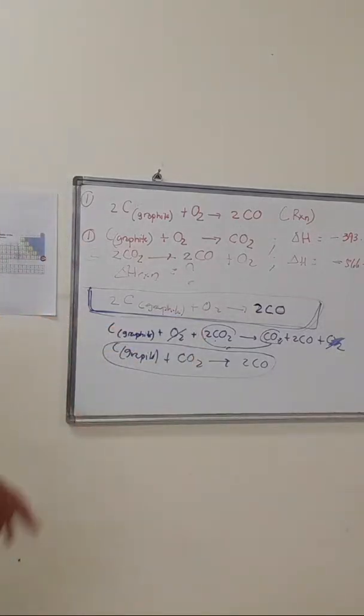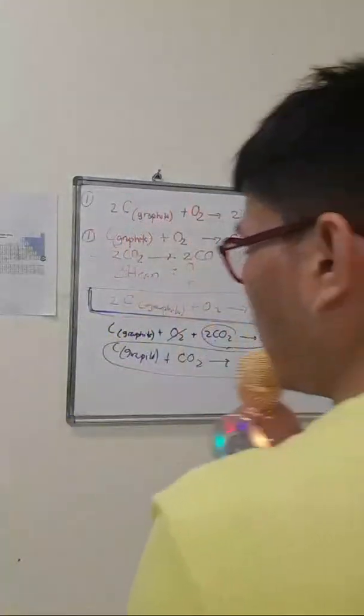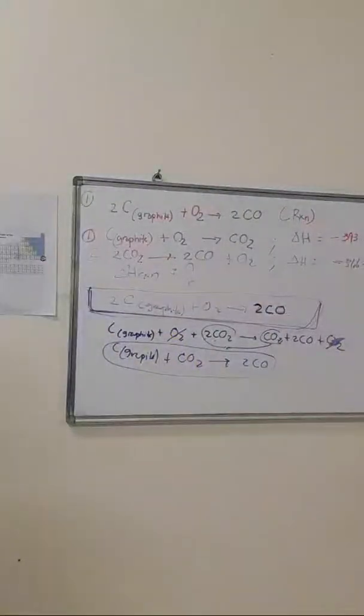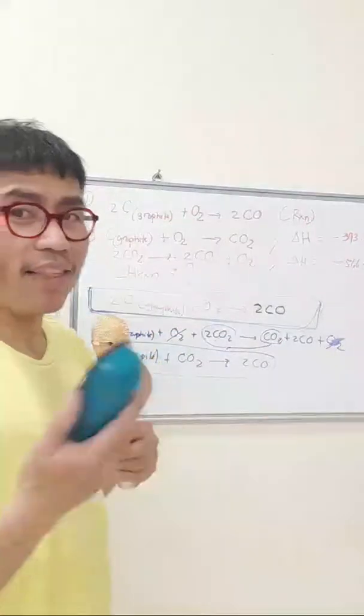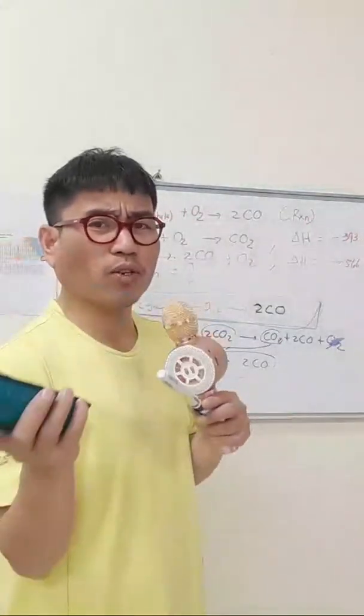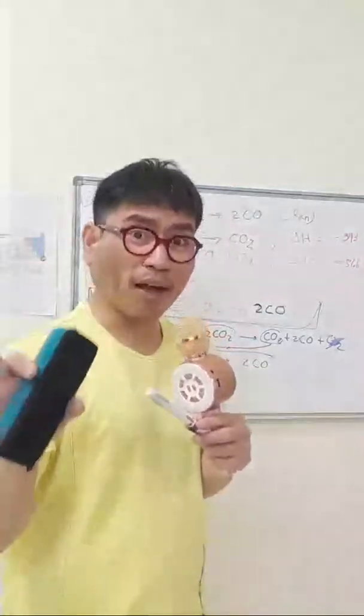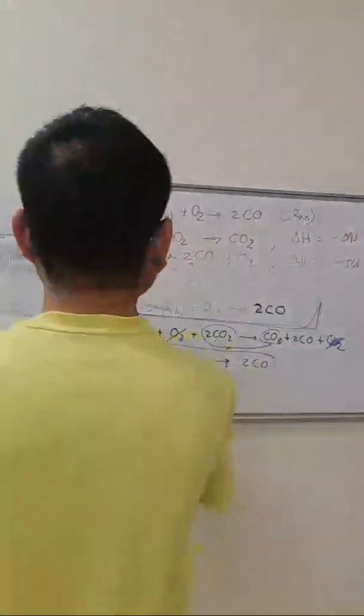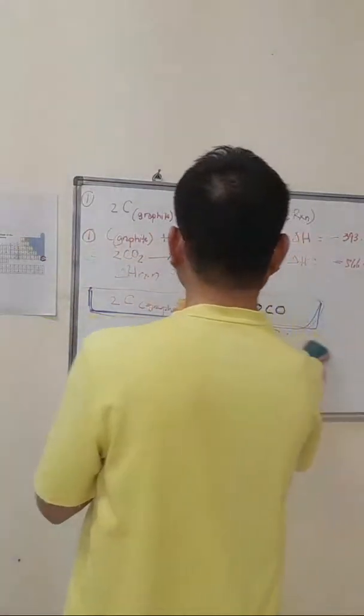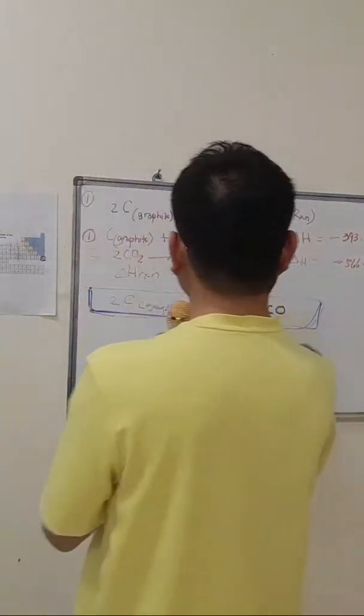So this is not correct. We cannot add directly without reversing any of the equations first, because adding directly, if possible, is the first step. The overall reaction will not be satisfied.